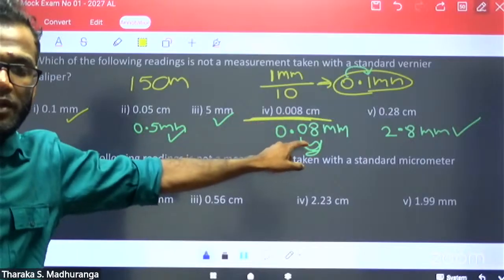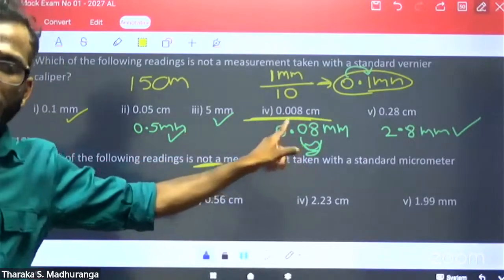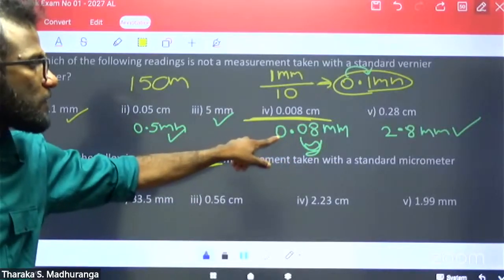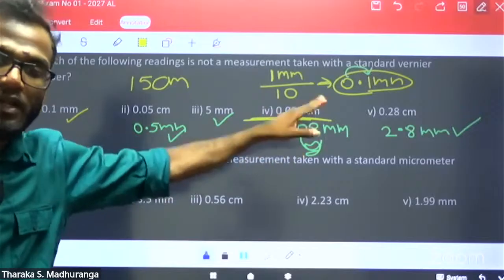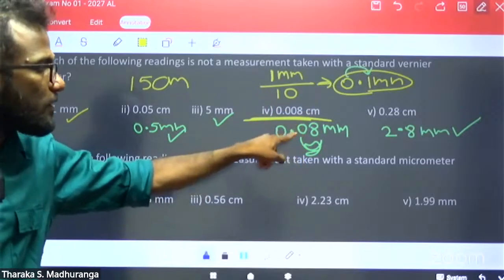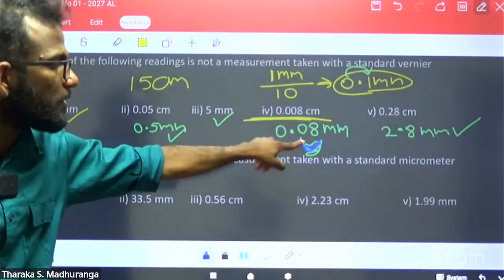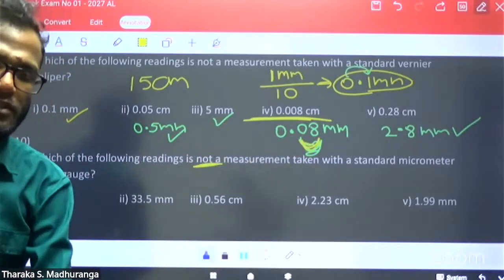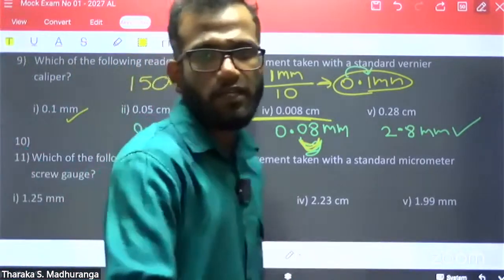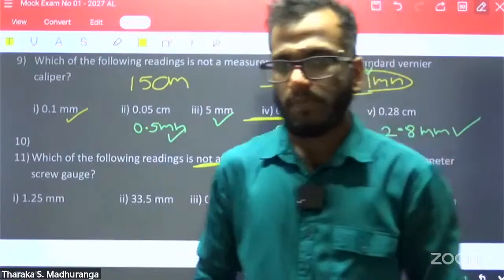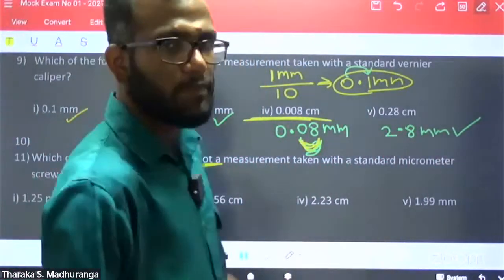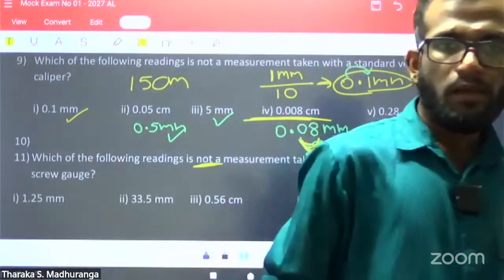You have to compare by converting to millimeters. If you convert into millimeters, it is 0.08 millimeter multiplied by 10. Then it has 2 decimal points in millimeters. In millimeters, you can get only 1 decimal point in a standard vernier caliper. That's why it is wrong. We cannot get it by a standard vernier caliper. Clear?